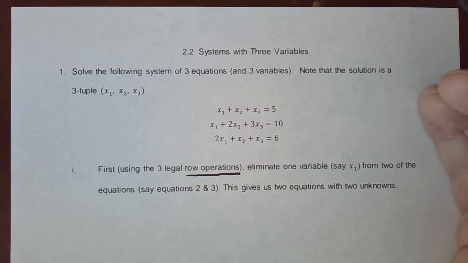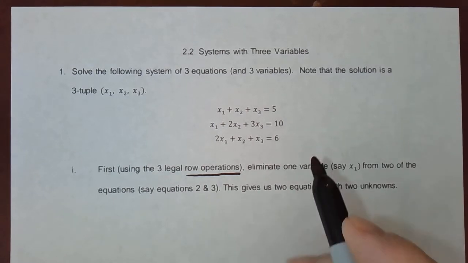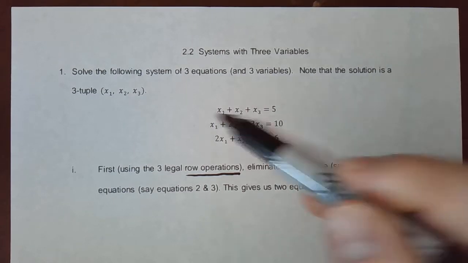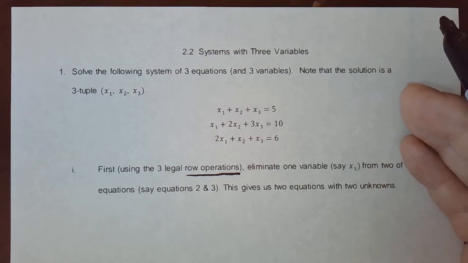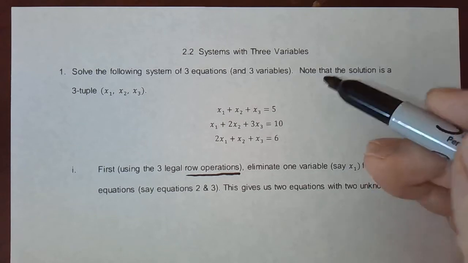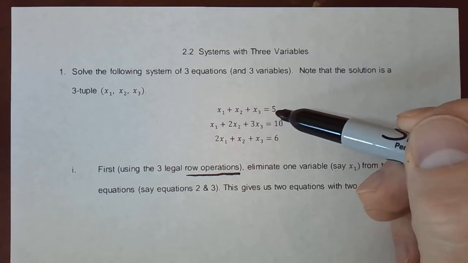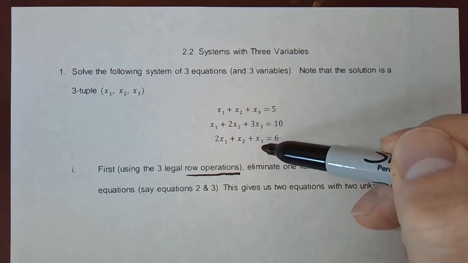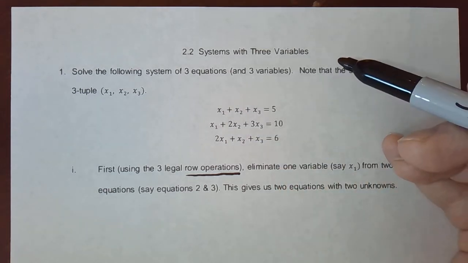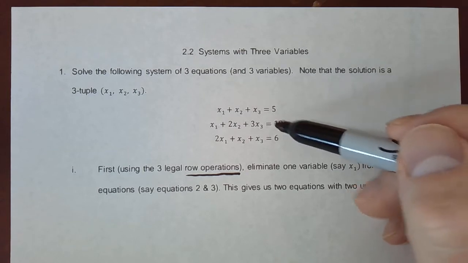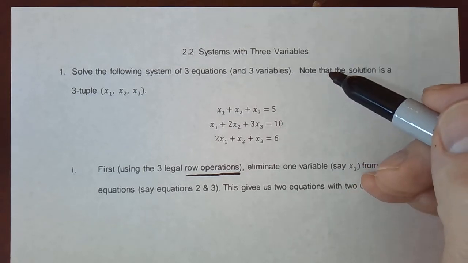The order doesn't matter. You are allowed to take any row and multiply or divide it by any number other than 0. The other one, and one we frequently use, is you're allowed to take any multiple of one of the rows, so take a row and multiply it by a number, and then add it to or subtract it from any other row.